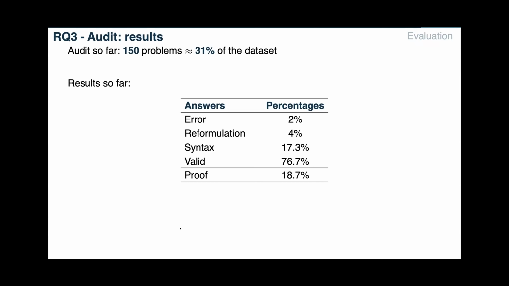About 70% had syntax improvements, and 77% of the theorems were already valid and required no changes. We also gathered proofs for about 19% of theorems.